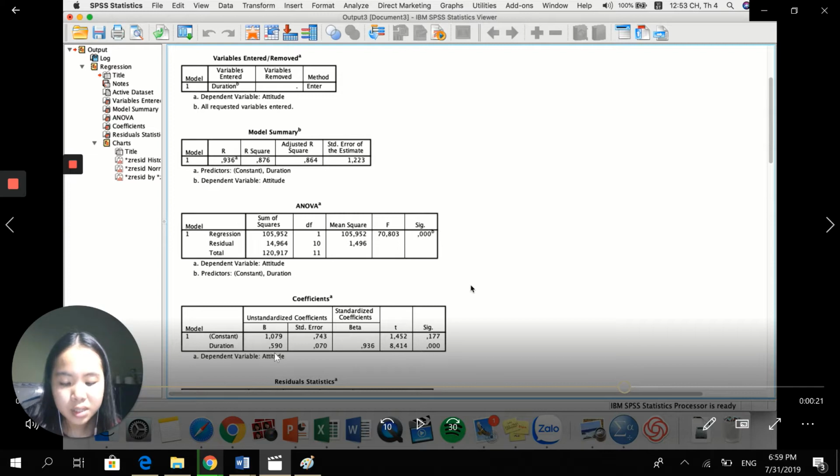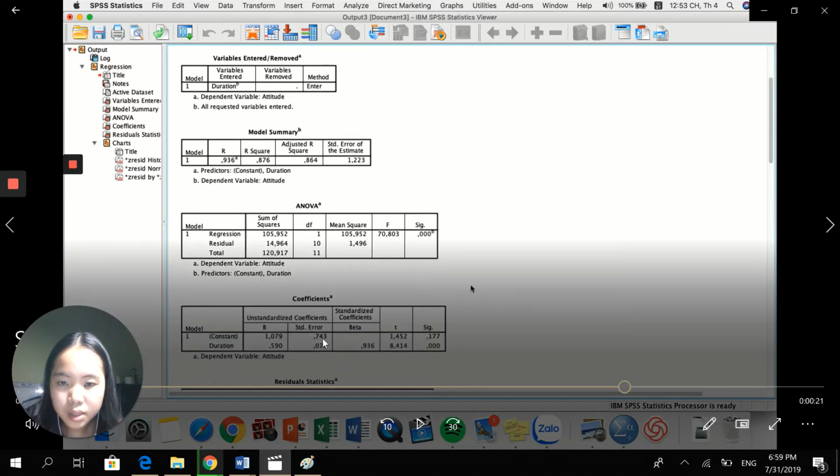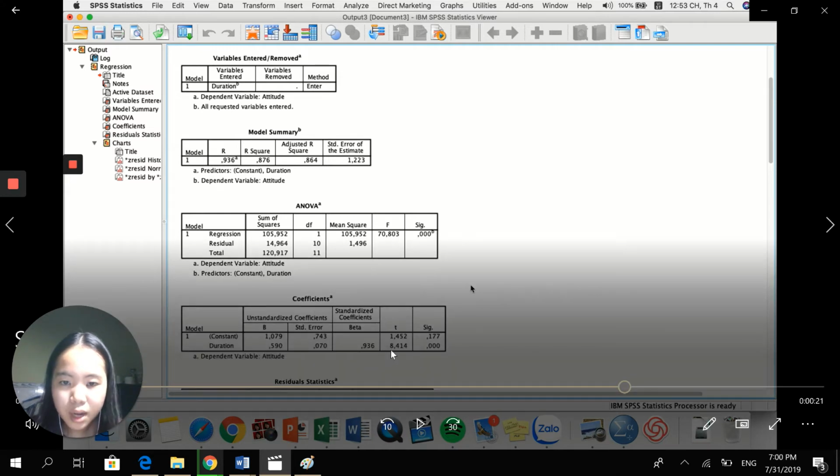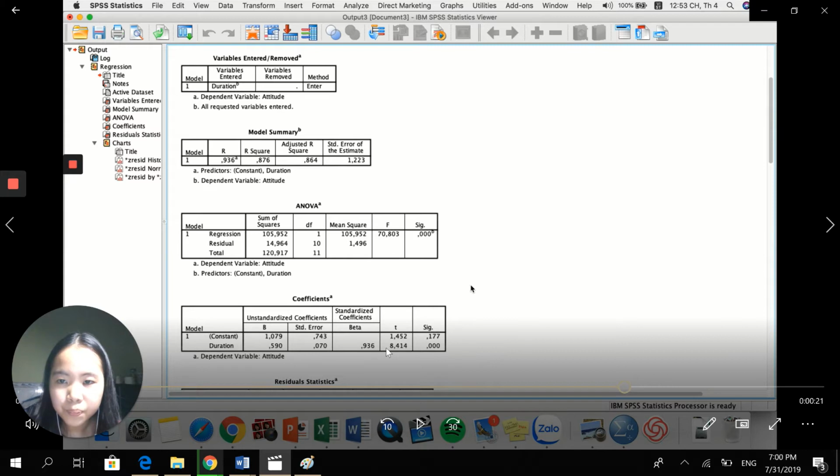That is the equation. And the standard error is 0.07, and the value of the t statistic over here is 8.414, with degrees of freedom of 10.